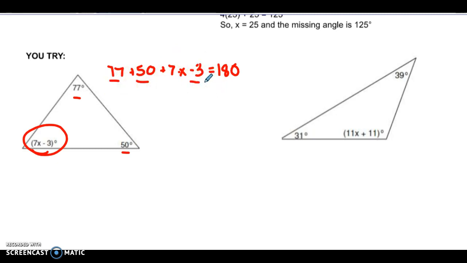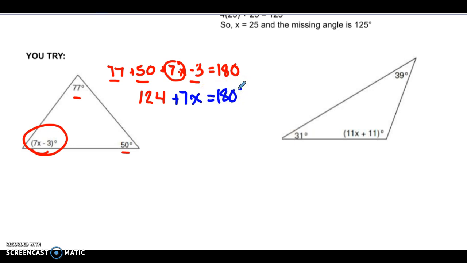So I have 77 plus 50, and then plus a negative 3, or minus 3. And so when I put all of that together in my calculator, I got 124. And then of course my 7x term just stays put by itself. So I'm going to add 7x to that, and I'm going to get that again, that needs to equal 180 degrees.